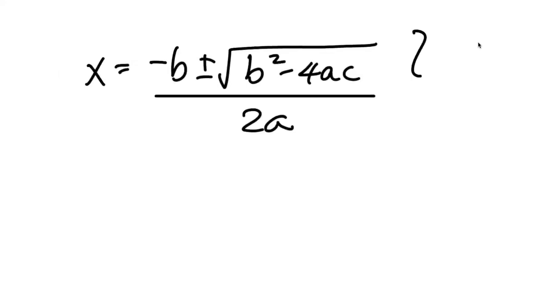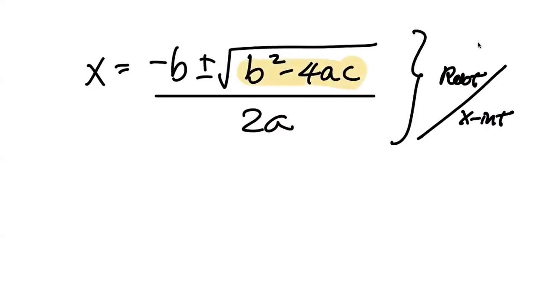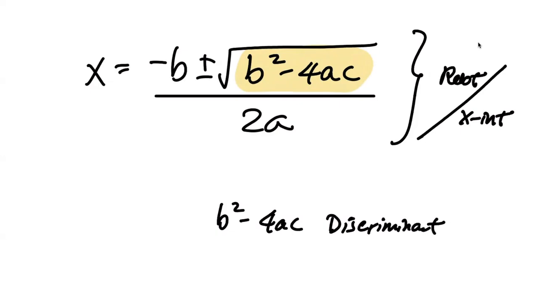You know that this is the equation you can use to find the roots, which means you can also find the x-intercepts. Okay, so that's one thing. Next, you should also know that b squared minus 4ac is your discriminant, which tells you the number of roots.